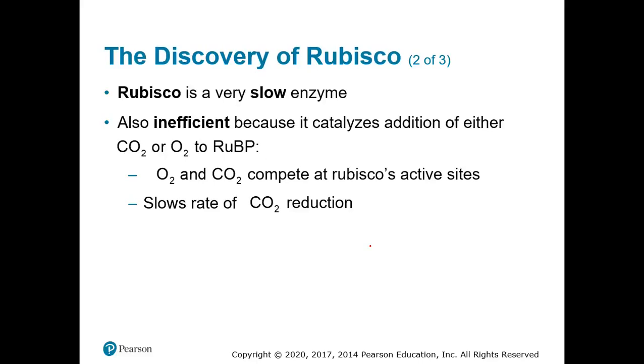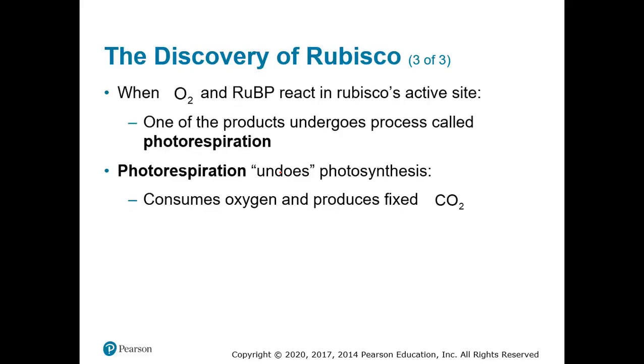Okay, it'll use either one. So, really not good at its job. And we actually do not want oxygen fixed to RuBP. And we're going to see why. But if we're fixing oxygen, right, we now have slowed the rate of CO2 fixation, right? If we have oxygen and CO2 kind of competing for these enzyme active sites.